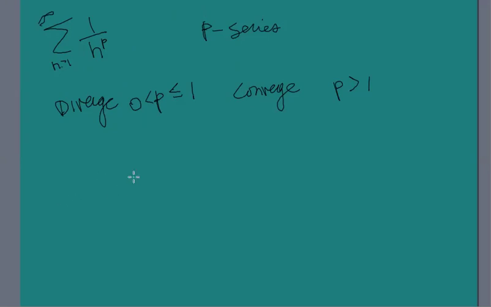Now, just a little note here. If you see something like 1 over n squared plus 1, this is not a p-series. With the aid of a couple of other tests, we will be able to handle this.